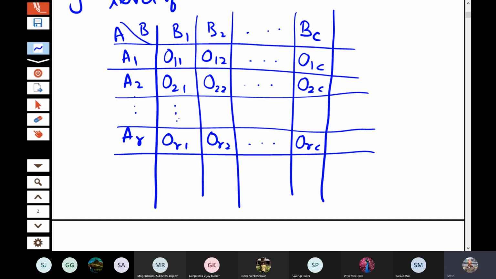We can also look at the totals column wise and row wise. So first column total I will write here C1, C2, CC, okay, and the row totals we can call R1, R2, RR, okay. So these are the row totals and column totals respectively. We want to test whether the attributes A and B are independent or not. For that purpose, we will calculate again the expected frequencies in the following fashion.